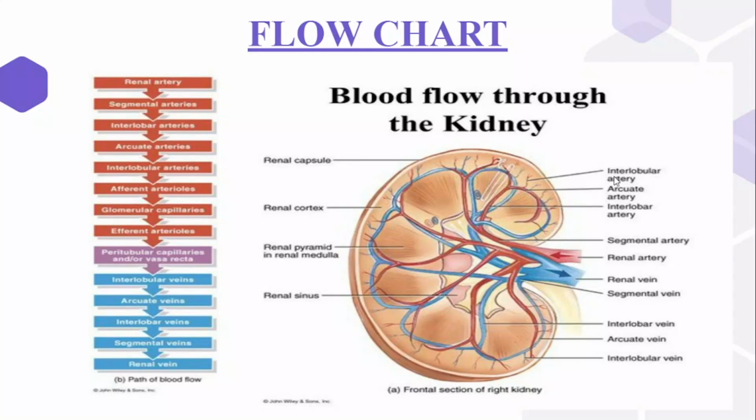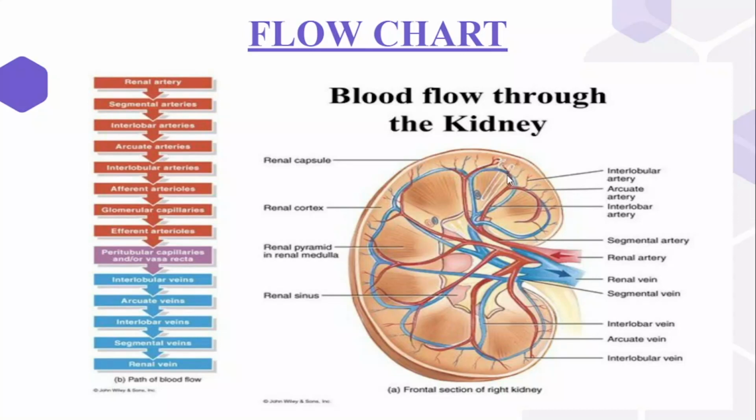Then the interlobular arteries are converted into the afferent arteriole. Then the afferent arterioles come to the nephron structure and are converted into the glomerular capillaries, and then the glomerular capillaries are further converted into the efferent arteriole. Here the blood is returned out through the glomerulus, and then the efferent arteriole is further converted into the peritubular capillaries and the vasa recta.